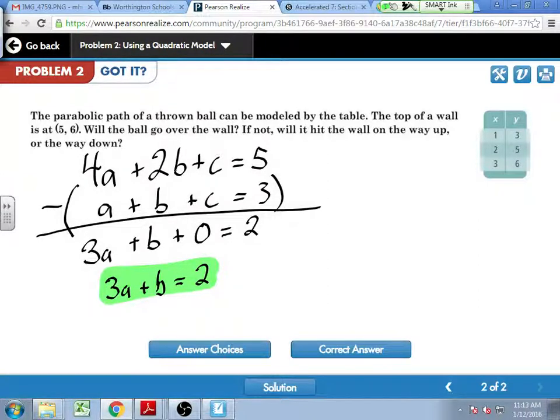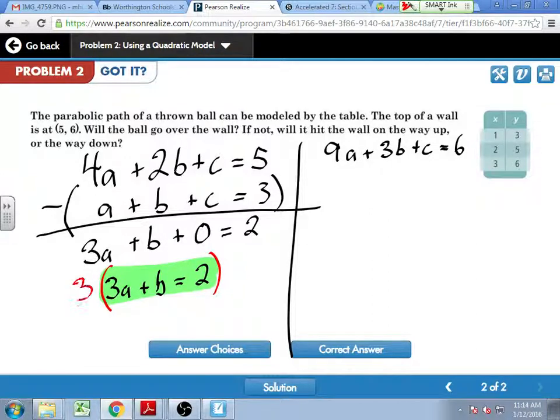Because you can multiply it by 3, and then you would get 9a plus 3b. So if I want to combine it with my third equation up there, I'm going to start with 9a plus 3b plus c equals 6. I will then take this equation over here, multiply the whole thing by 3.